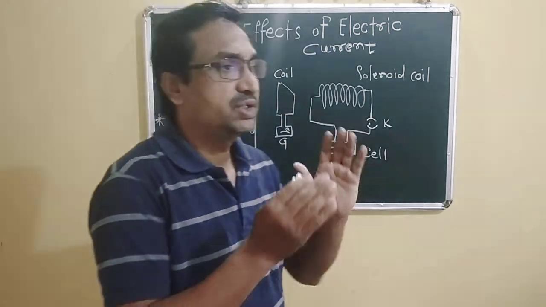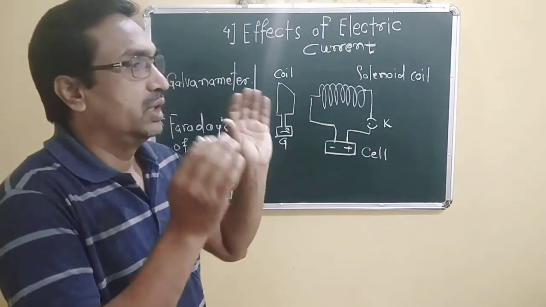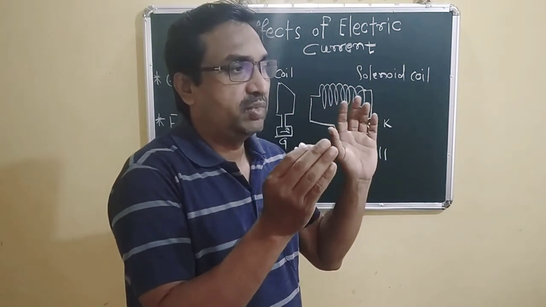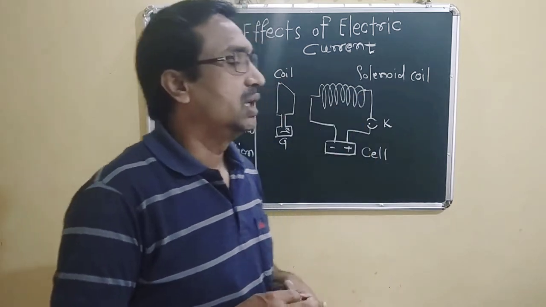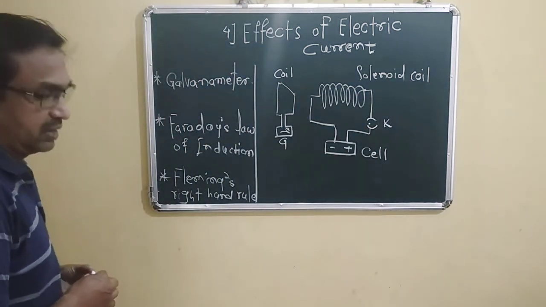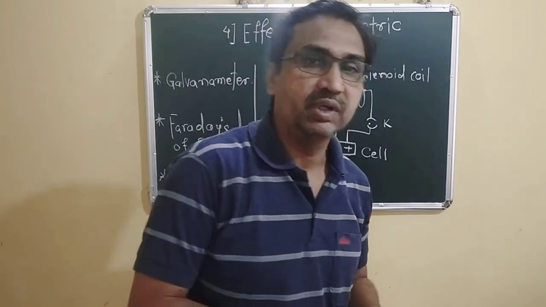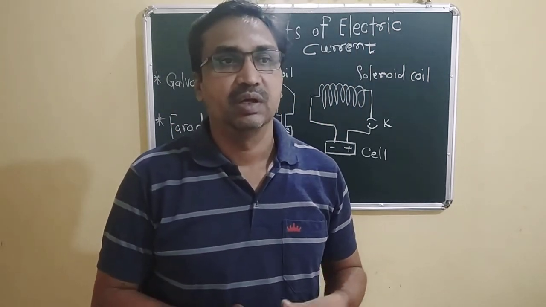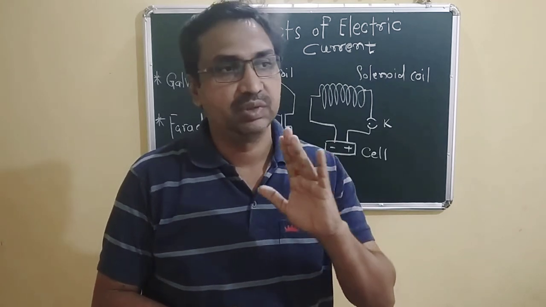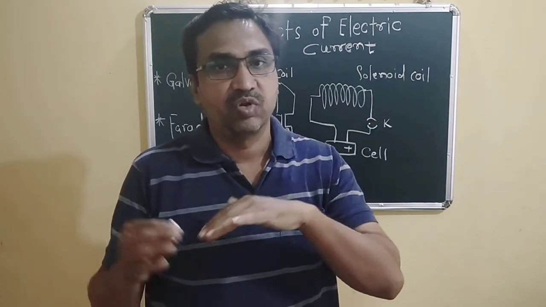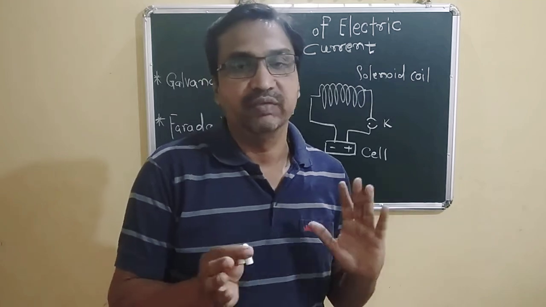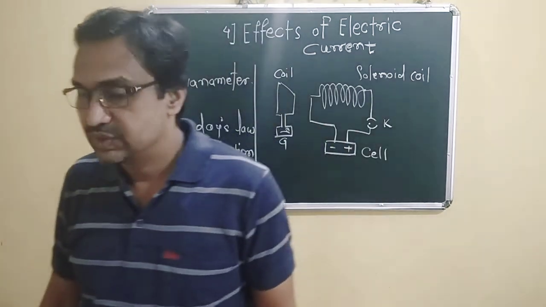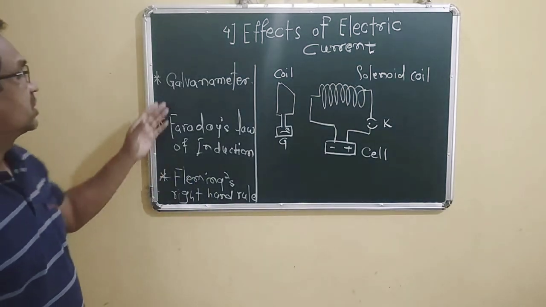We have to place a coil between two strong magnets, and when current is passing through this coil, it deflects according to the direction of current, from left to right or right to left. It indicates this on the dial. So this instrument is called a galvanometer.